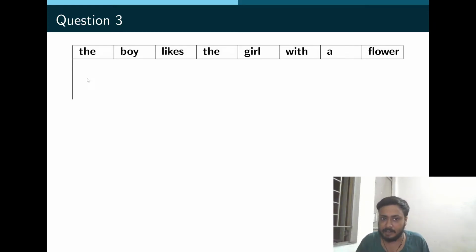This is the other way round. We start with the string and we apply the rules in the reverse way, and we try to come up to the start symbol S. So this is the bottom up processing which is usually done in the CKY algorithm, and this is what we will discuss over here. All right. So the first idea is that you first write down the string, and each different word becomes a different column in this table. Okay.